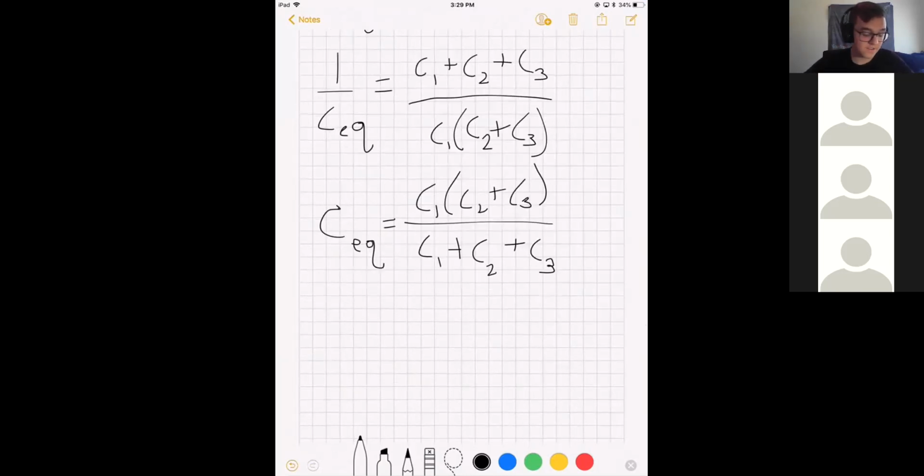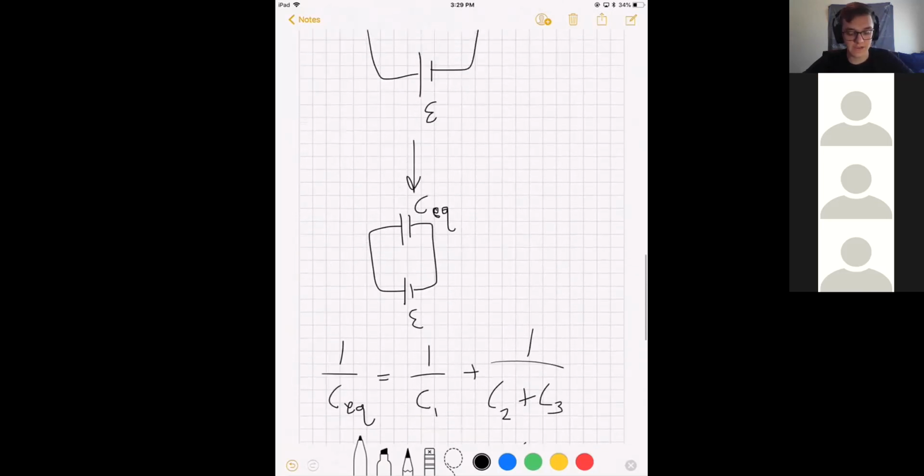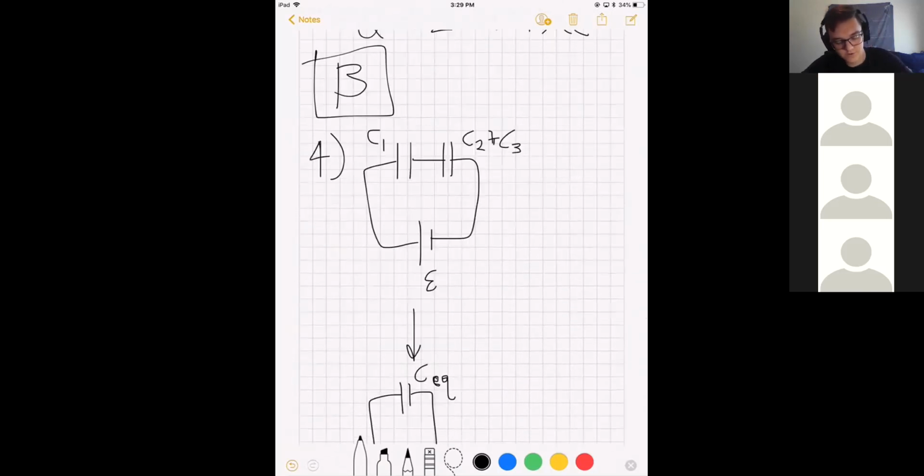Okay, cool. So we solved for CEQ, but we're not done yet, right? We're looking for the charge on C2. We're going to use the fact that when capacitors are in series, they have the same amount of charge.